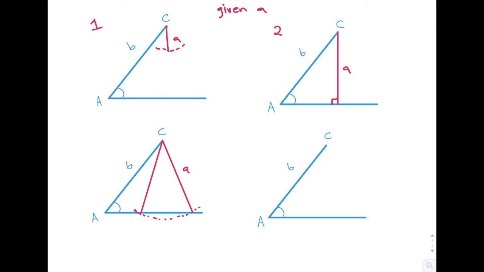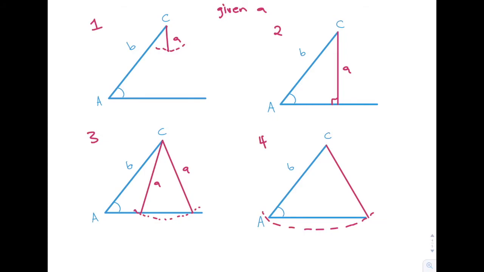So there are 2 solutions for one given side length. This third case is an interesting one, so when we start to solve problems with that, we need to be very careful. And then with side C, if we continue to lengthen out, and then in this fourth case, if we continue to lengthen out side A, eventually there will only be one solution. We could swing this out and we wouldn't come back in contact with the triangle.